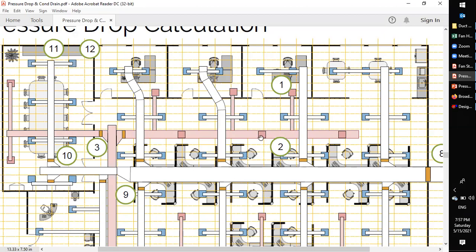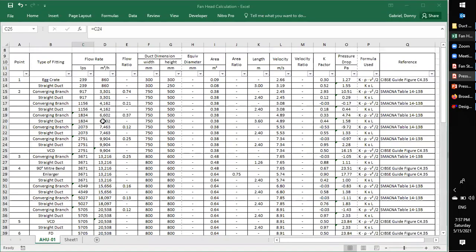As the air moves here, the airflow rate increases up to this point because of the converging branches. At this point, the flow rate already increased to 2571, and this is the duct size already.